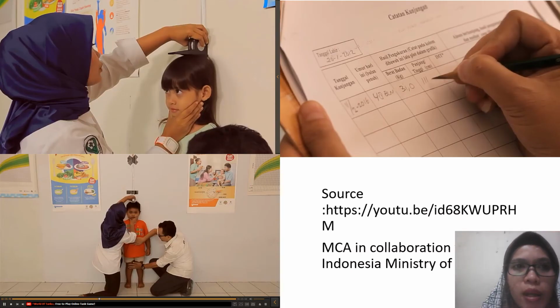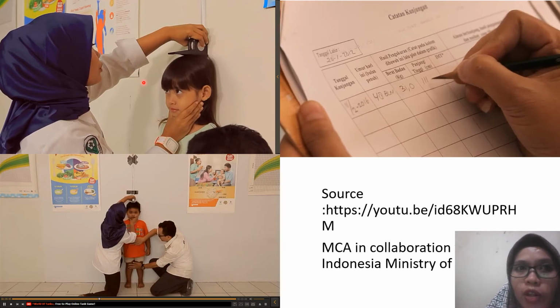And then the microtoa is placed on top of the child's head, and the enumerator records the height number on the microtoa scale. The enumerator's eyes, when viewing the scale, are parallel, not above or below the scale.